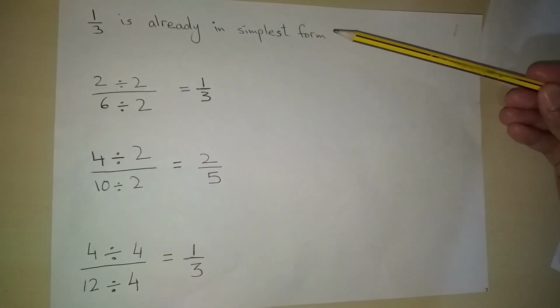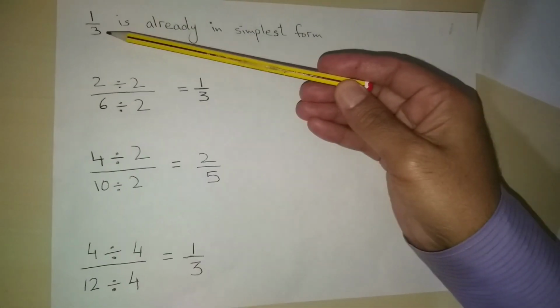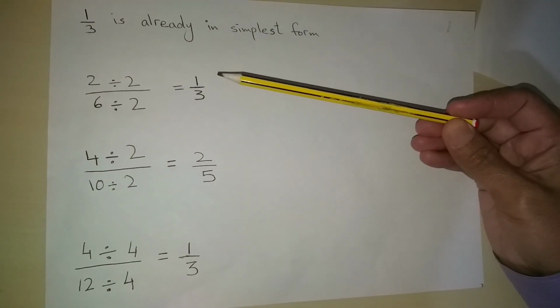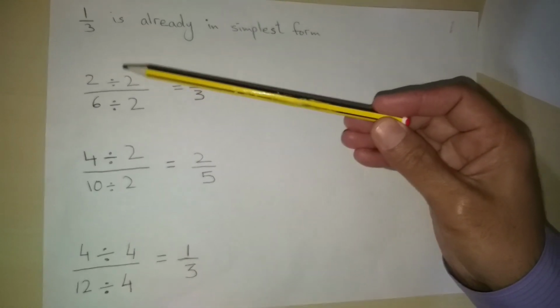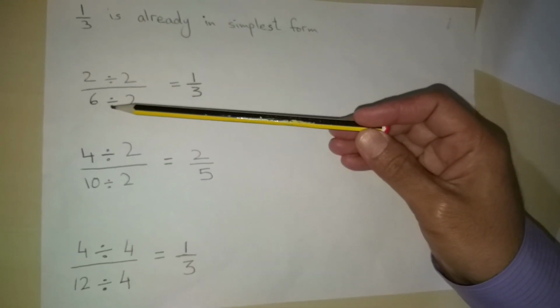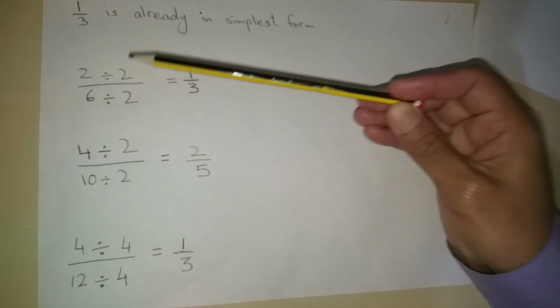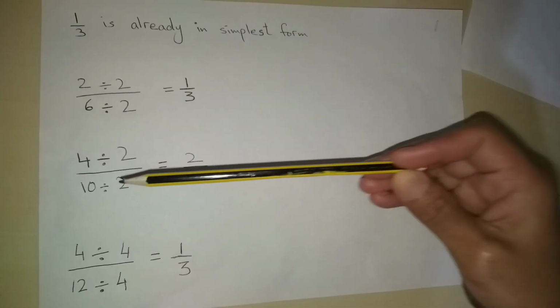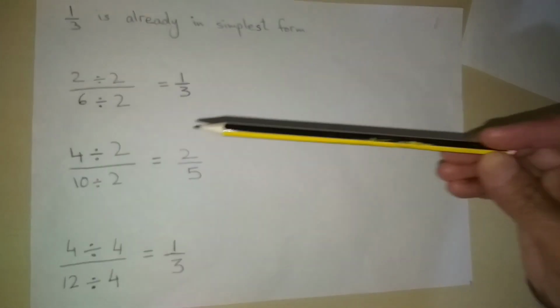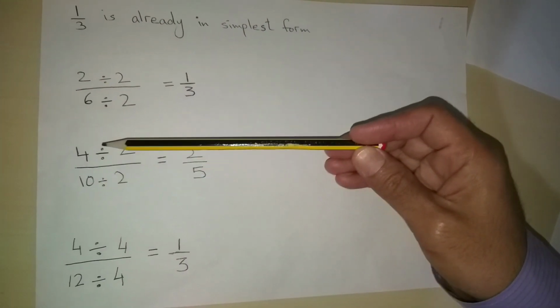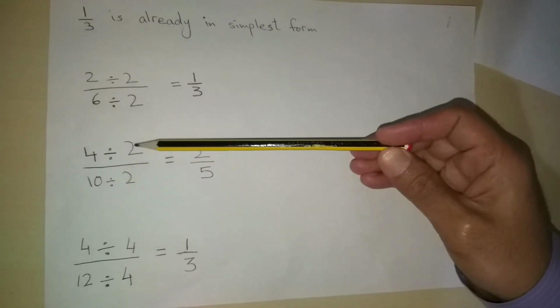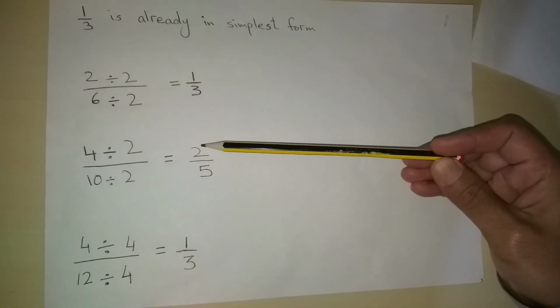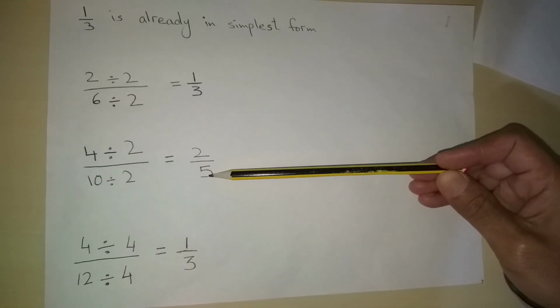So I started with the second one. The first one is already in the simplest form, 1 divided by 3. In the second one, I divided the numerator and the denominator by 2 and got 1 divided by 3. In the third fraction, which was 4 by 10, I divided numerator and denominator by 2 and got 2 divided by 5.